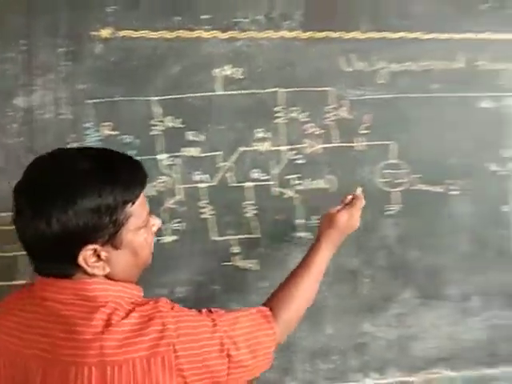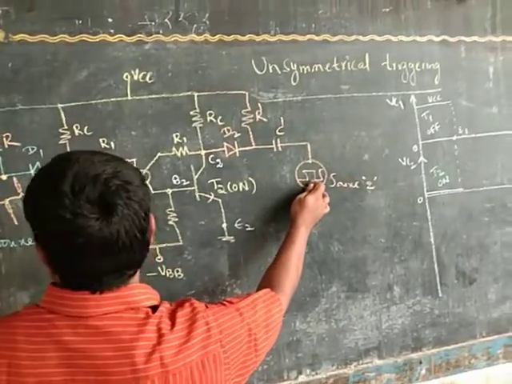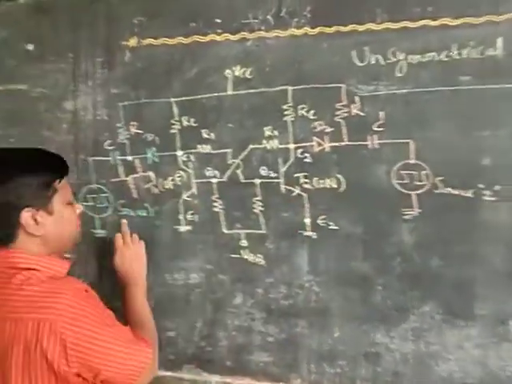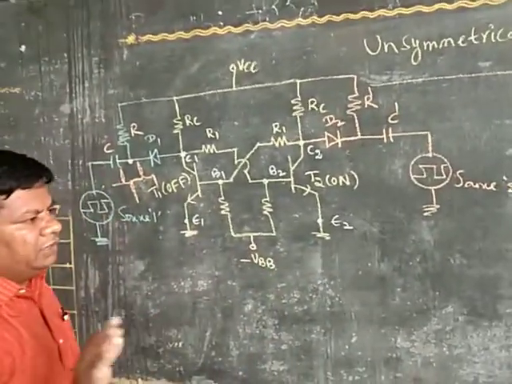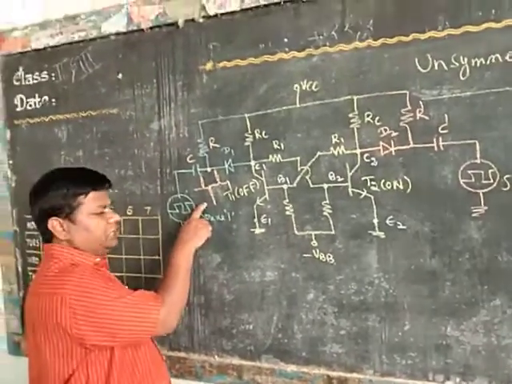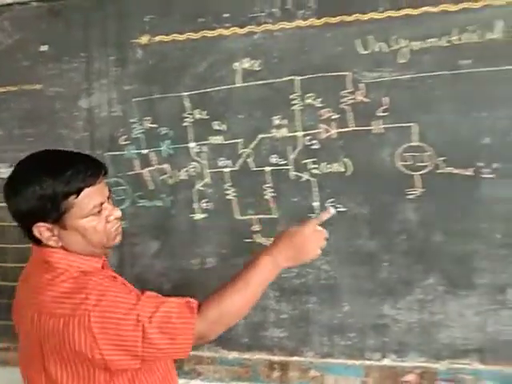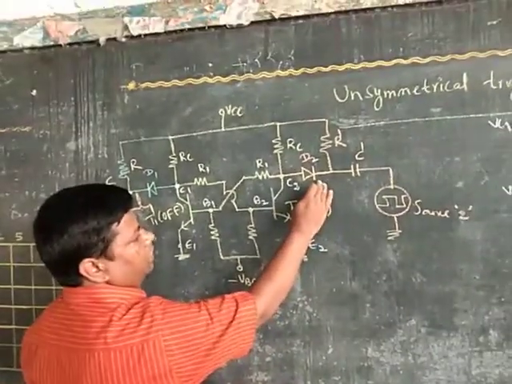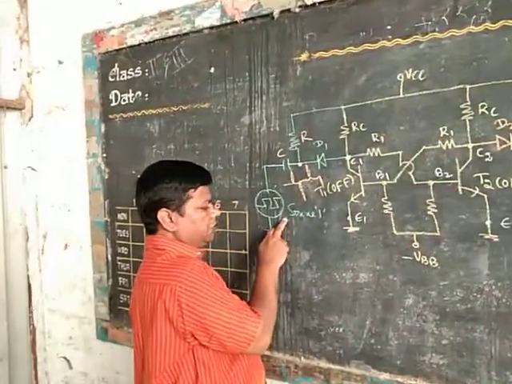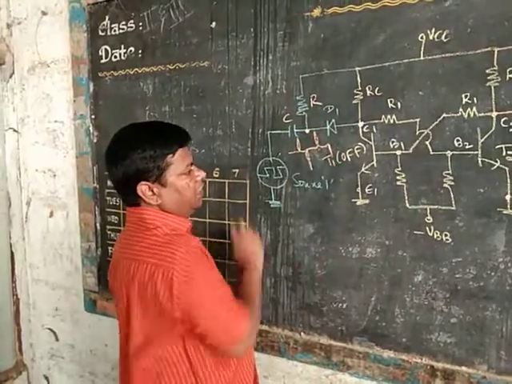At that time, here this one is positive going, here this one is negative going. Both source 1 and source 2 have 180 degree phase shift. Here source 1 is negative going, whereas source 2 is positive going. For positive going, diode D2 is off, whereas for negative going, diode D1 is on.